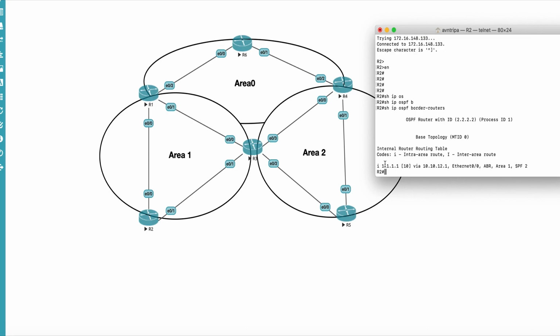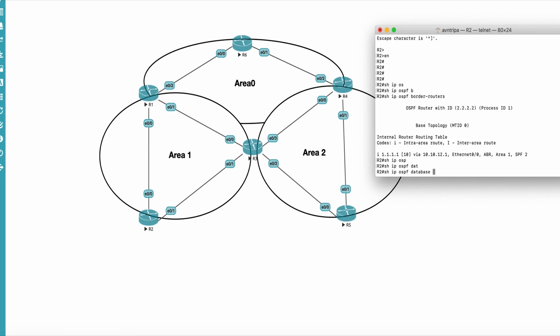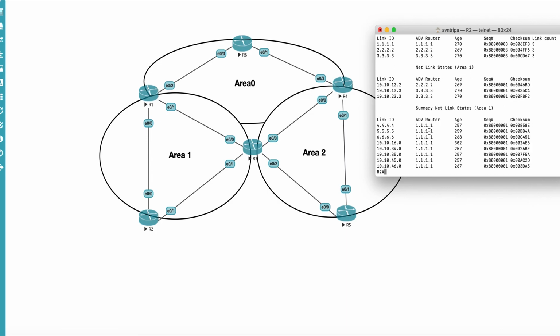As you can see, R1 is the border router here. We have only one border router in area 1, that is R1. Now see, show IP OSPF database. As we can see, R2 is receiving summary LSAs from only one router, that is R1, the border router.